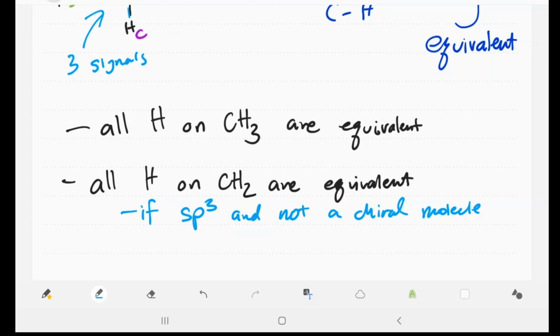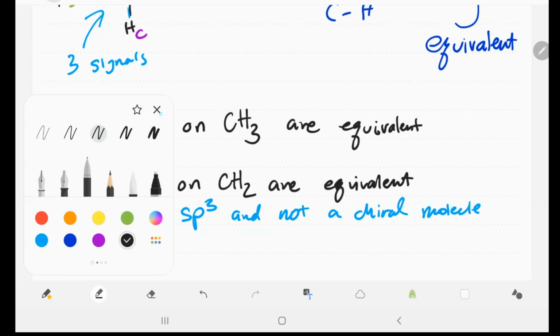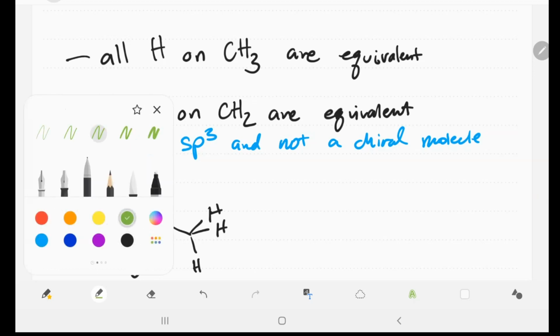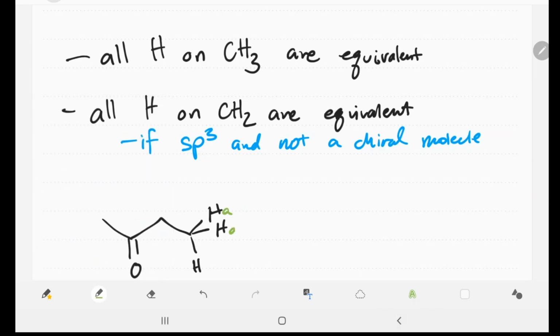And by that I mean, these three H's are equivalent to each other because they're on a methyl group. So they are equivalent to each other. Are they equivalent to anything else? Not in this case.